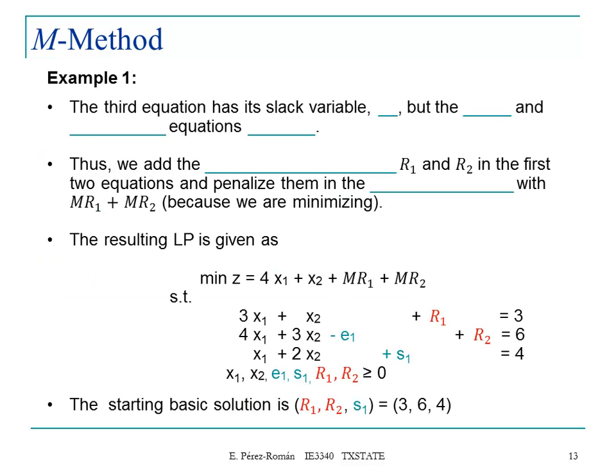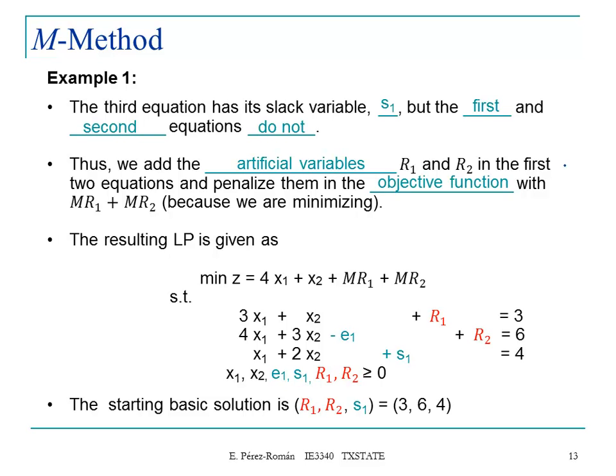Okay. So the third equation of this problem has its slack variable x1, but the first and second equations do not. Thus we add the artificial variables r1 and r2 in the first two equations and penalize them in the objective function, adding big M times each artificial variable.